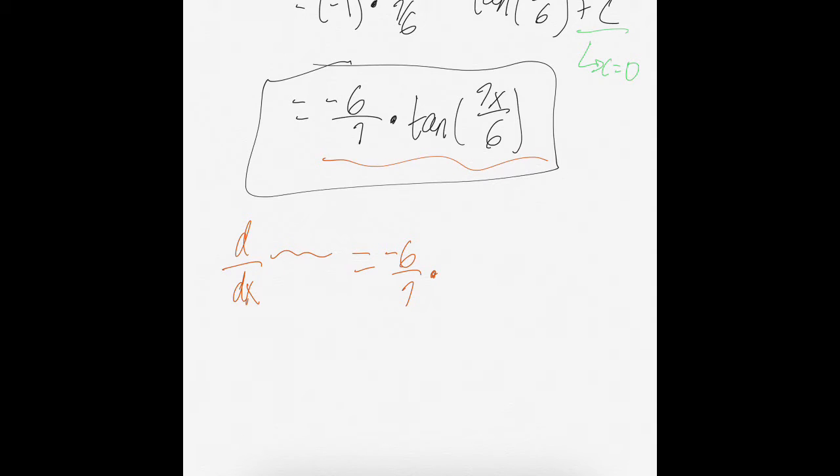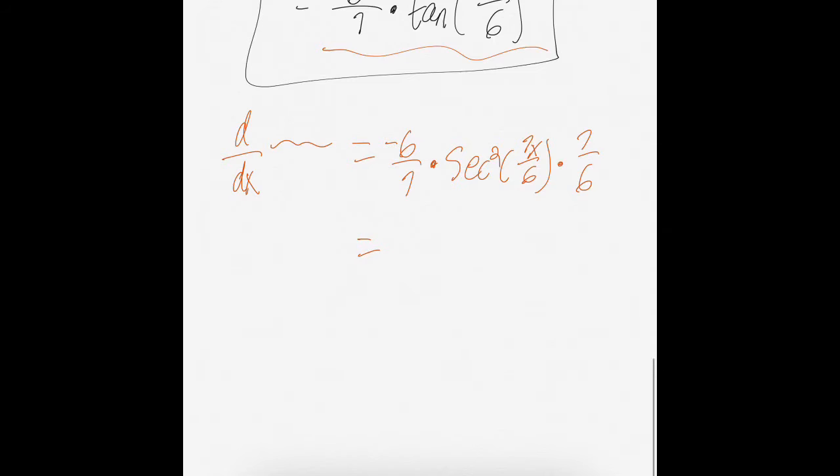Let me differentiate to check real quick. If I take the derivative of this, I have this -6/7 times the derivative of tangent, which is secant squared.